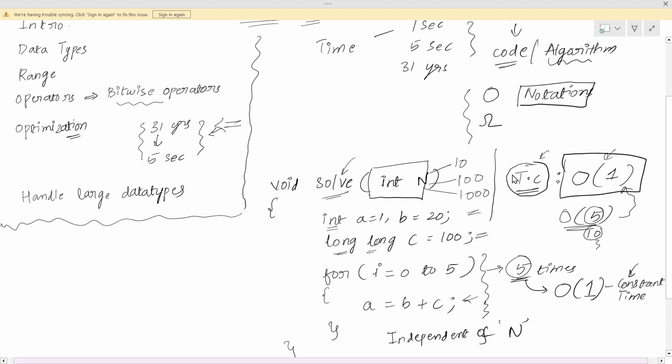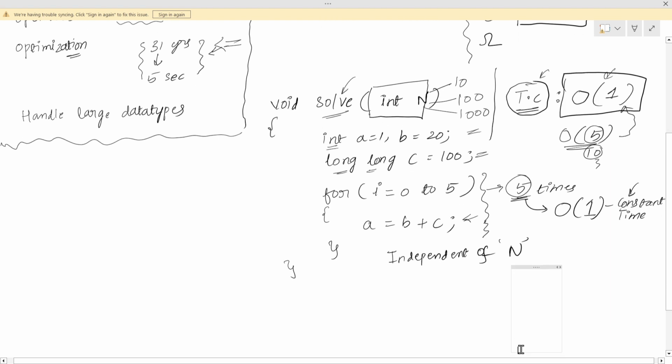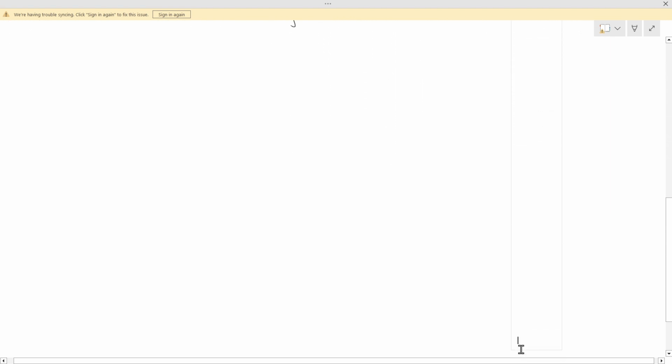Let me go down. Let me write 2 more code snippets. I write the same code snippet again.